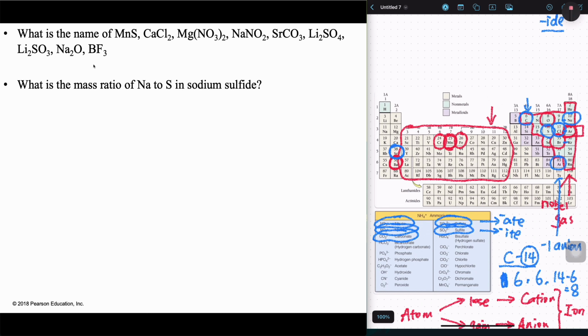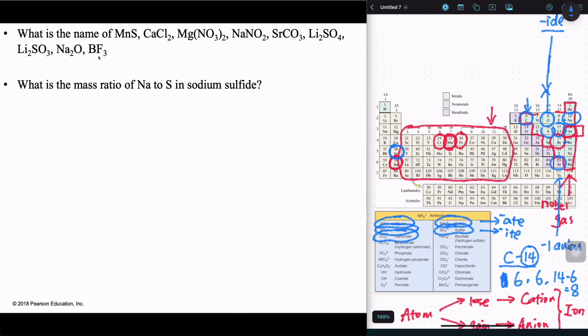Next one, sodium oxide. O, again, oxygen is a simple anion, so we give it a suffix of -ide, so oxygen becomes oxide. The last one, B represents boron, F represents fluorine, and in this case we call it fluoride.